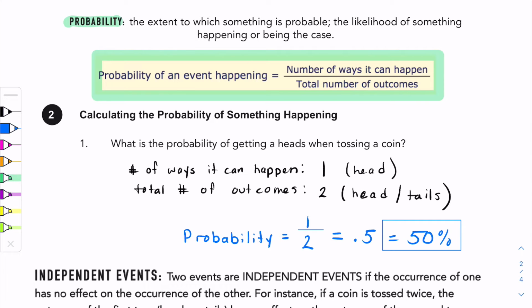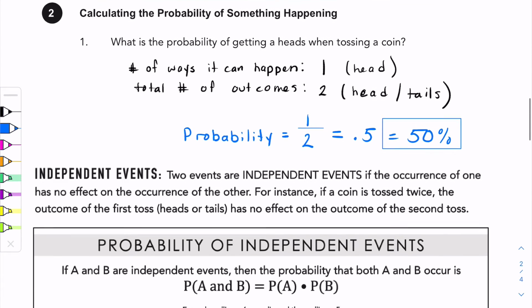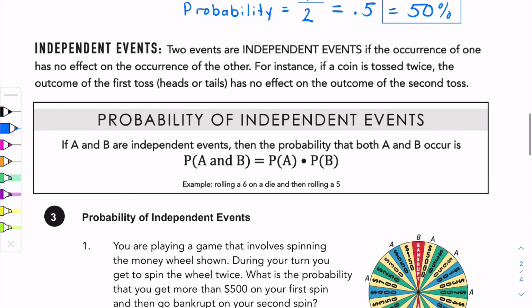Let's move on to ones that would be a little bit more difficult. So independent events. These are 2 events if the occurrence of one has no effect on the occurrence of the other. For instance, if a coin is tossed twice, the outcome of the first toss has no effect on the outcome of the second toss. This is called an independent event because each time you flip that coin, your answer is an independent answer.